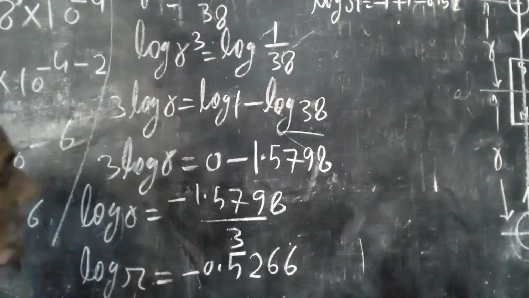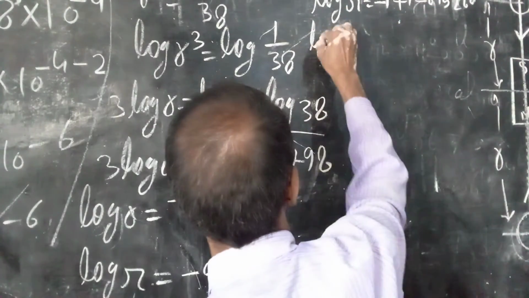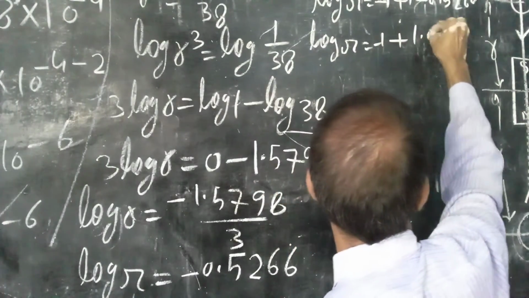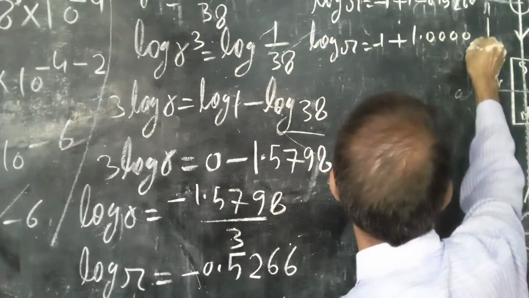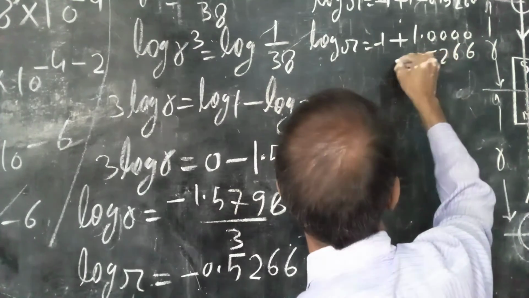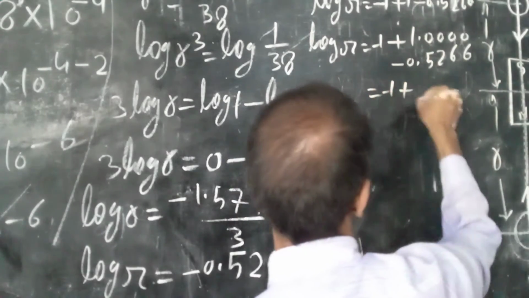So log r is equal to minus 1 plus 1.000 minus 0.5266.